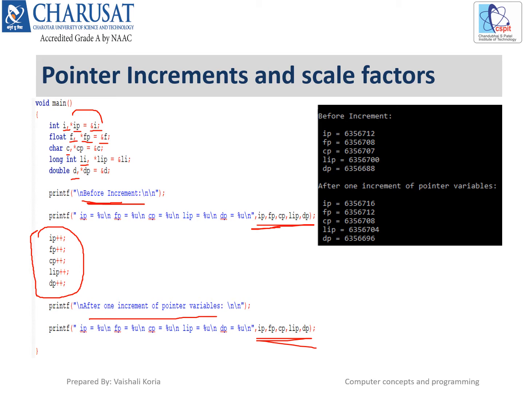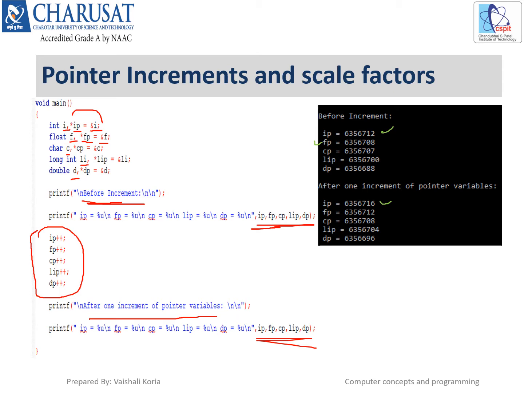the value of the IP pointer is incremented by 4. The previous value was 6356728, and the next value after incrementing is 6356716. Now FP is a pointer variable that is containing the address of the float.